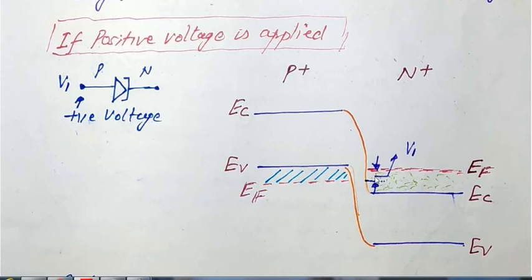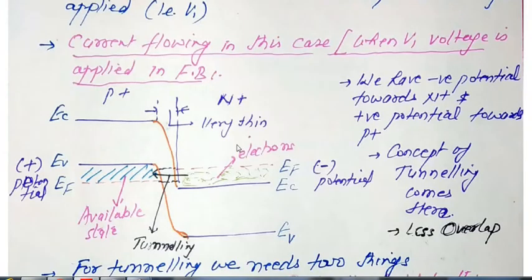And now when we apply this positive voltage V1, then current is going to flow across this tunnel diode. Now with the help of this energy diagram, we can see how the current is going to flow when we have applied V1 voltage in forward bias condition. Here we can see this side is the P plus side and this is the N plus side.